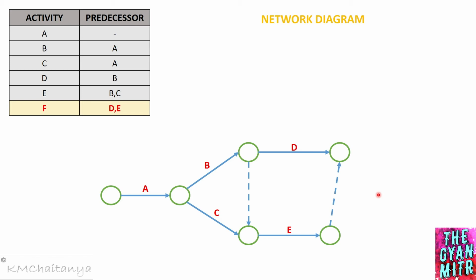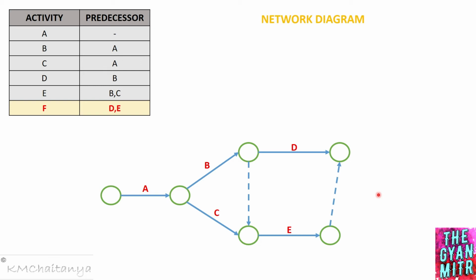So why is it not advisable to use unnecessary dummy? Since it is a very small network diagram, it doesn't matter. But if we have hundreds of activities, sometimes 200, 300, 400 activities in large projects, in order to draw the network diagram, if we use unnecessary dummy, it will create a lot of confusion.